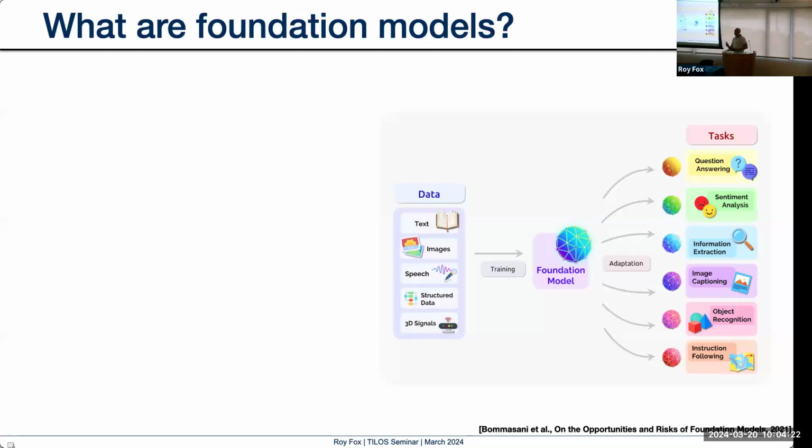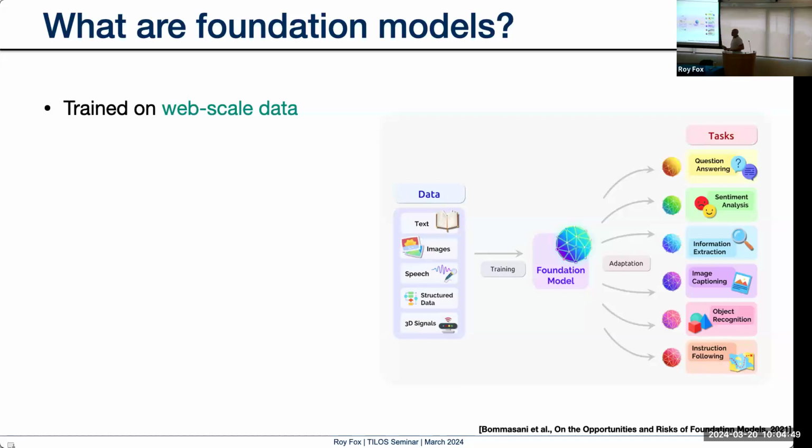Let me start by briefly overviewing what foundation models are, just so that we're all on the same page. This figure is from a big survey of foundation models, a big paper, very seminal in the field. It describes what they are and what they can be, including robotics one day.